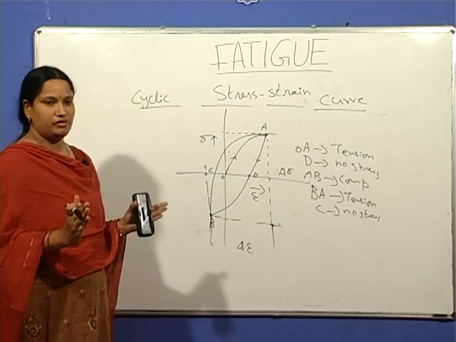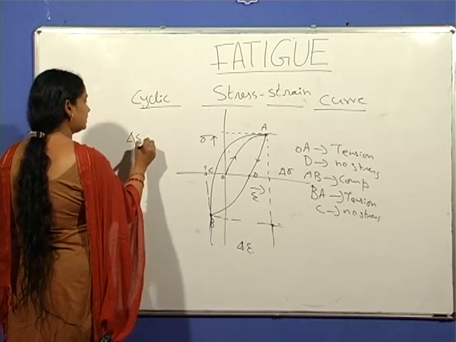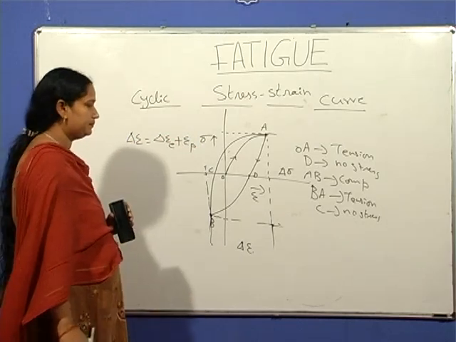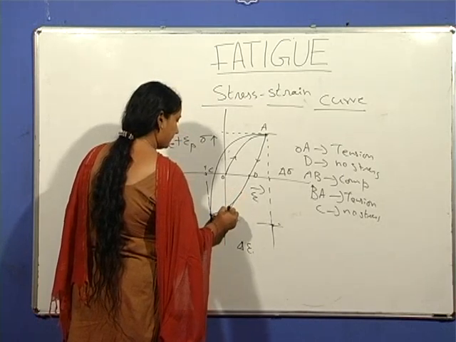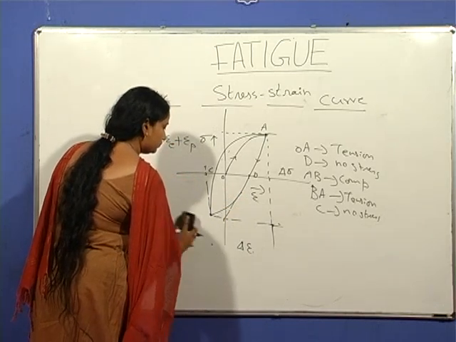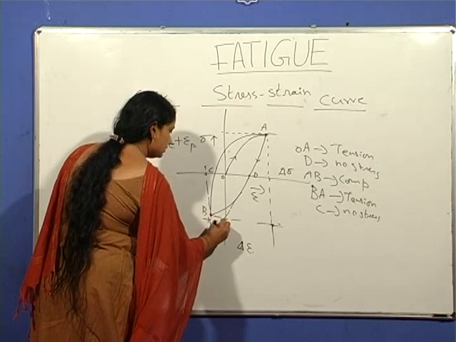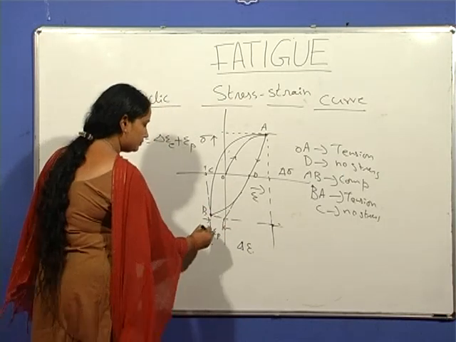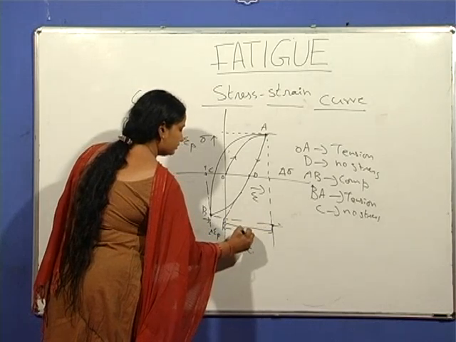This total strain range comprises two components. Total strain range comprises both elastic strains and plastic strains. So this is the point B. This is the plastic strain range and this is the elastic strain range.